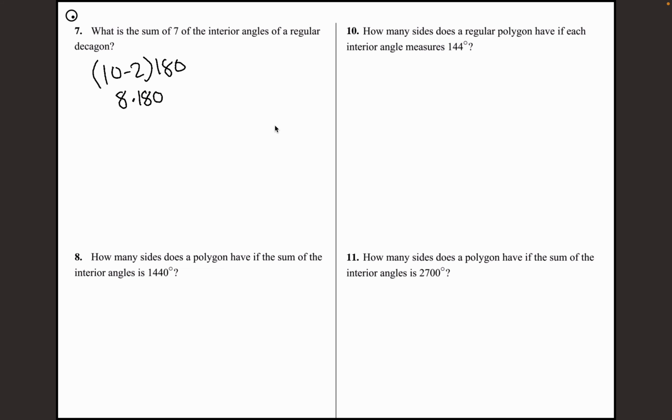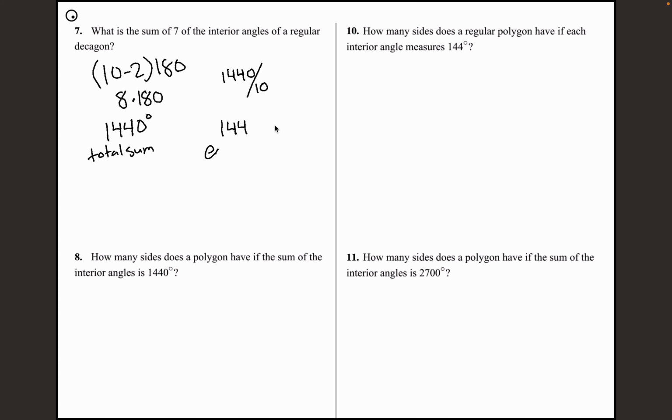Okay, so this is the total sum. Now, I need to find what each angle equals first. So, I need to do 1,440 divided by 10, and what do I get?